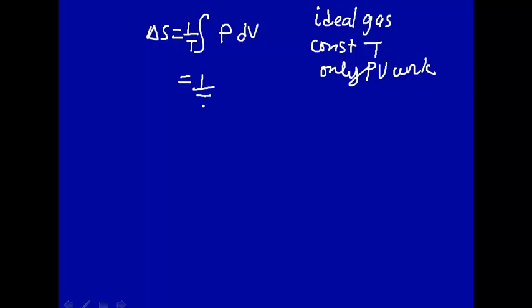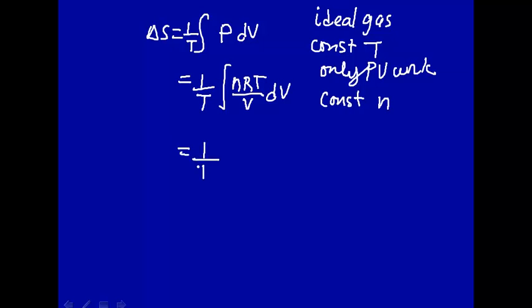1 over T, the integral. Since it's an ideal gas, we know how pressure depends on volume. Pressure is just equal to nRT over V, dV. Oh, that's nice. We're going to make an assumption of constant number of moles. We're not adding or subtracting anything into it.